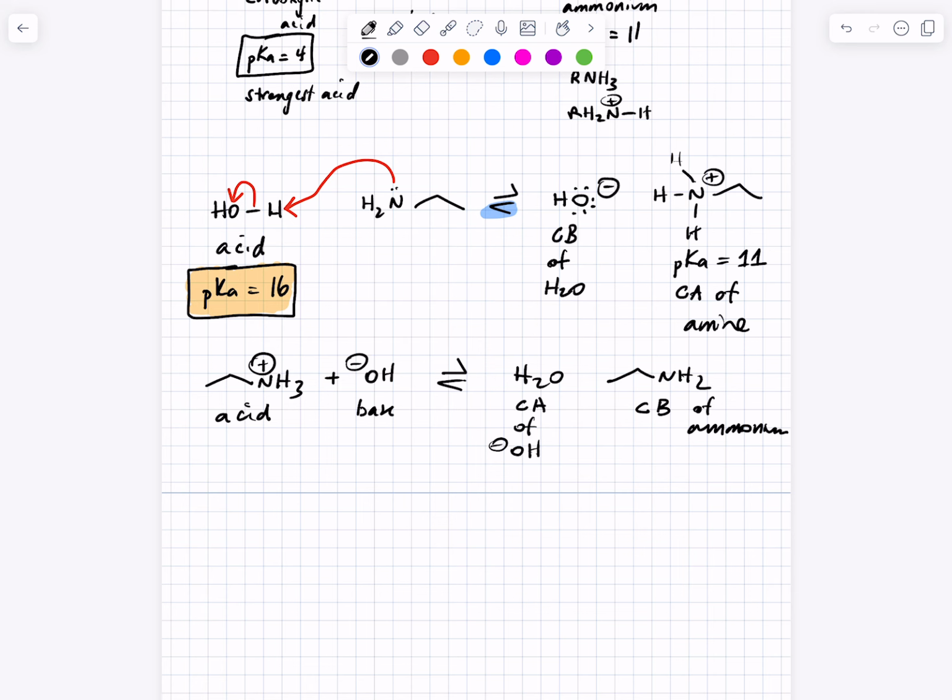So yes, the way we've set it up, the conjugate base and the conjugate acid will always be on the right-hand side. But understand it's totally fine to use the term conjugate acid as a relationship between two things. In other words, I could say this is the acid, but it is also the conjugate acid of this base. I could say that it is the conjugate acid, but it is of hydroxide. It's a relationship between two things.